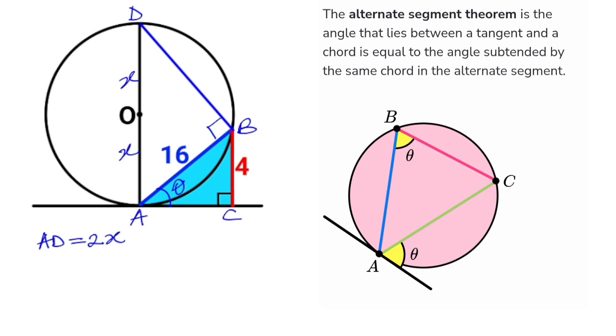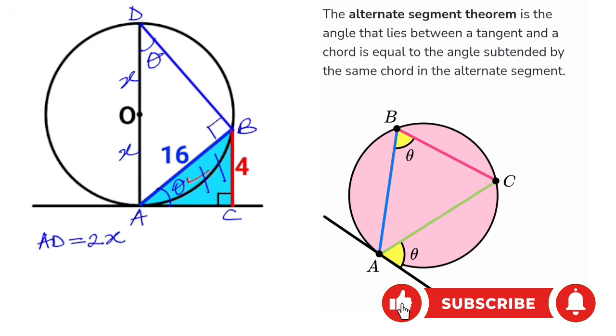In this figure, observe that angle BAC is the angle that lies between a tangent and a chord. And angle ADB is the angle subtended by the same chord, in the alternate segment. From this theorem, angle ADB is equal to angle BAC. Since angle BAC is theta, angle ADB must be exactly theta.